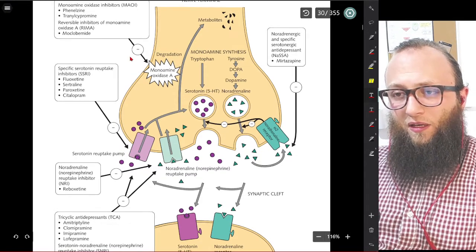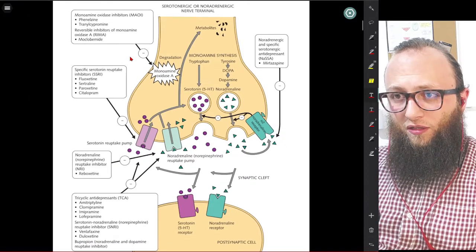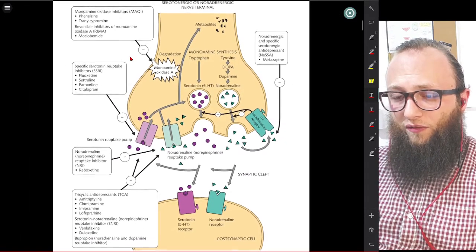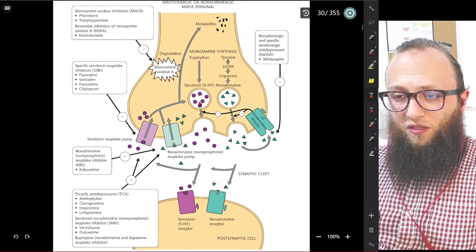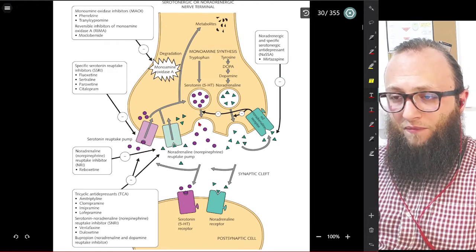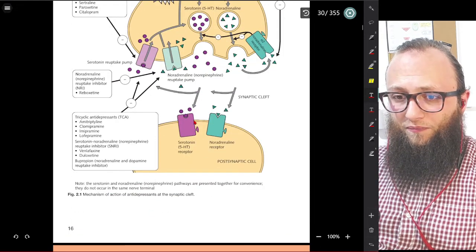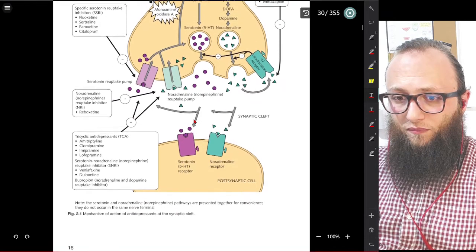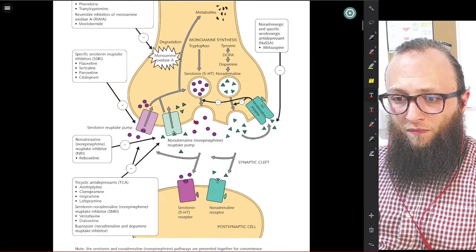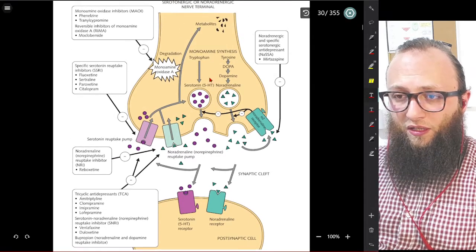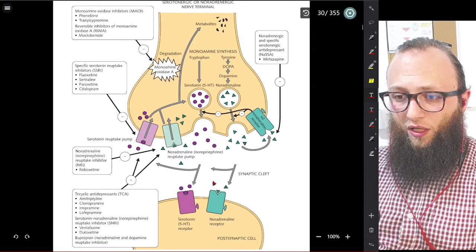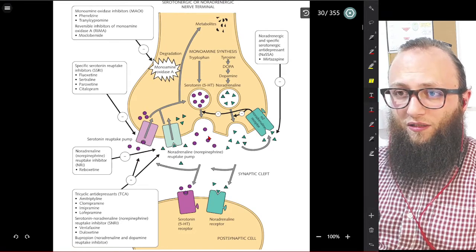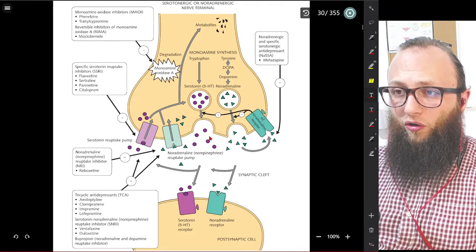So here we have a serotonergic or noradrenergic nerve terminal. This figure just illustrates that. We consider here that this neuron and these neurons are serotonergic or noradrenergic.